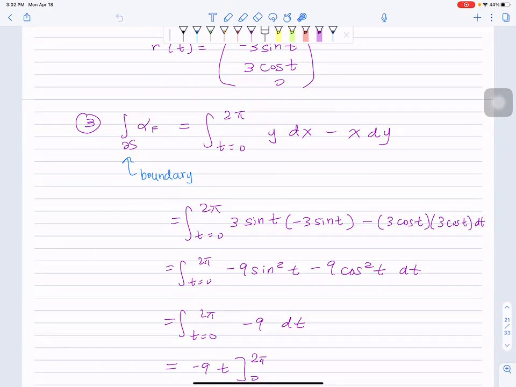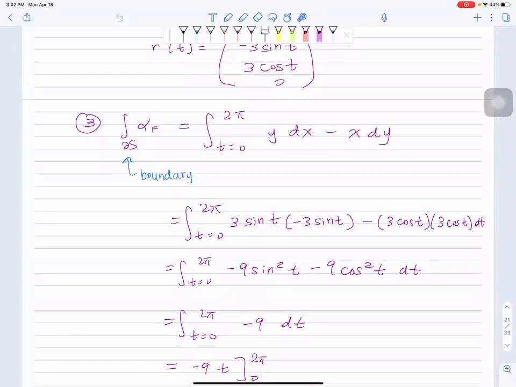F dot dr is f with your parameterization plugged in, dot the derivative of your parameterization. That's why in this example we used the boundary. We just wanted f with our parameterization plugged in. I plugged in what y was, and then took the dot product with the derivatives.